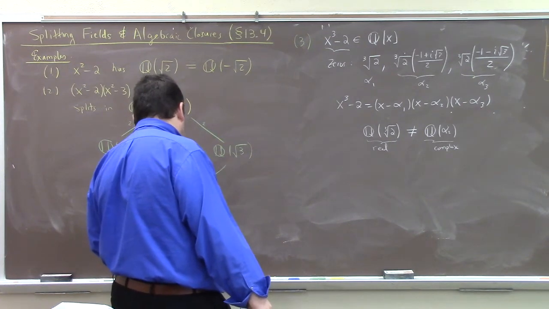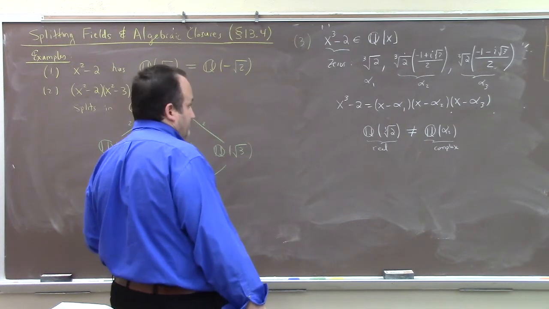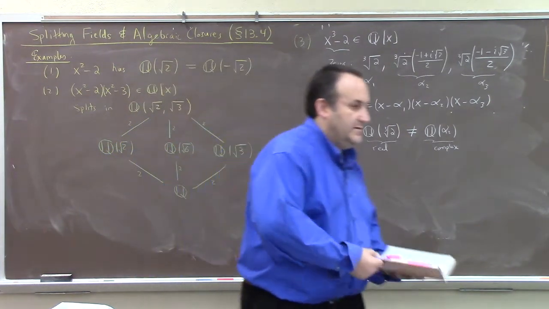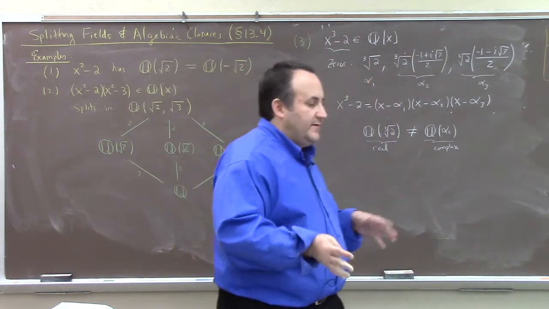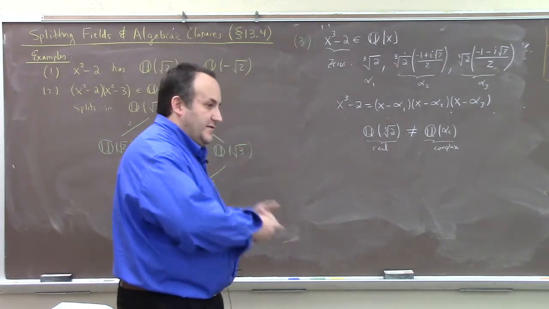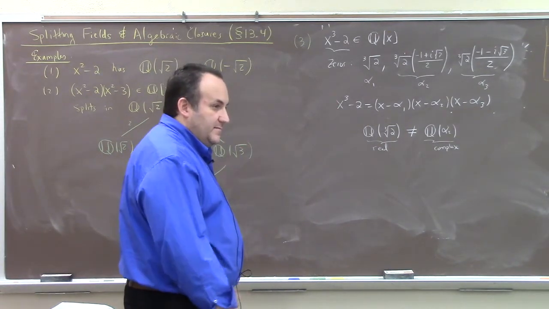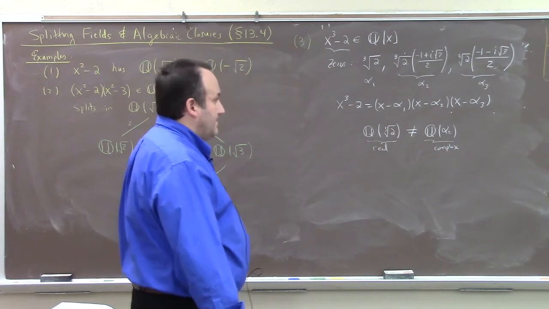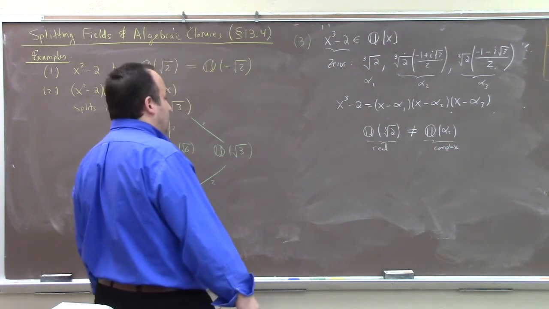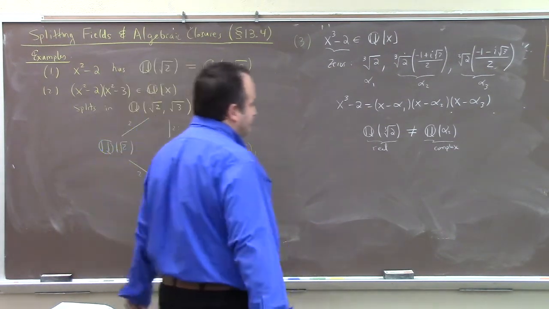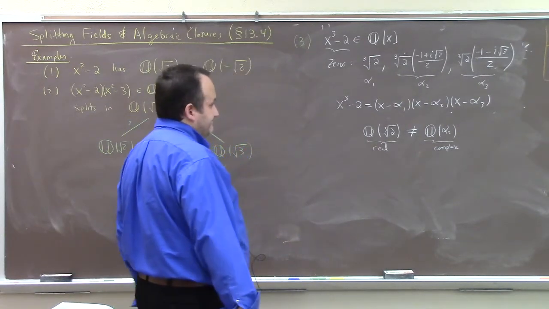The question then is, what is the splitting field here? The splitting field is basically the smallest field which contains all the zeros of the polynomial. So would you just join? Well, we know that alpha 2 and alpha 3 are... ooh, no, we don't.